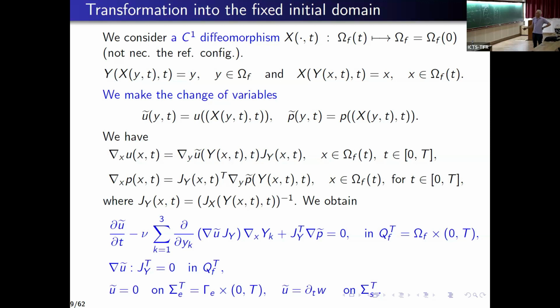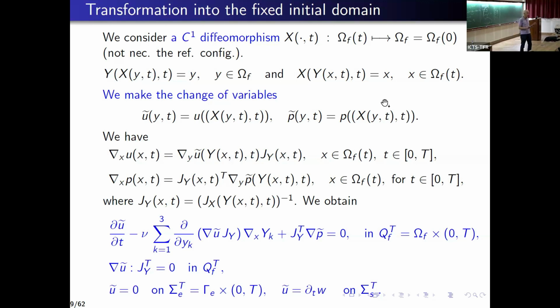I have not written this part here, but I can also write plus the gradient of the pressure. So now this is the equation in the initial configuration. Similarly, this is the divergence condition, and these are the boundary conditions. So now everything is written in the initial configuration.